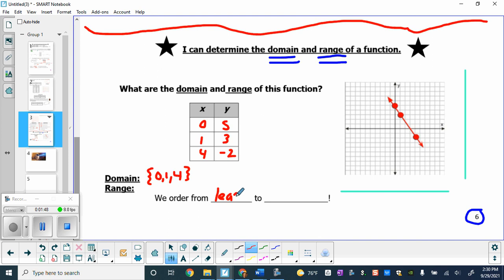So when I give the list from least to greatest, I'm going to start with the negative 2. Then I'm going to go with the 3, then the 5. I can explain why we do least to greatest in a second, but go ahead and get this all filled out in your notes. Okay, cool. So we've got least to greatest.